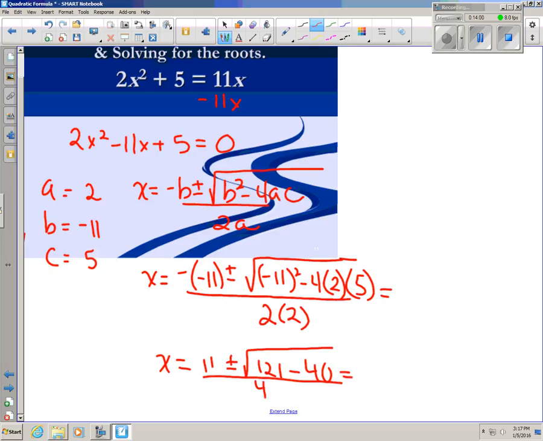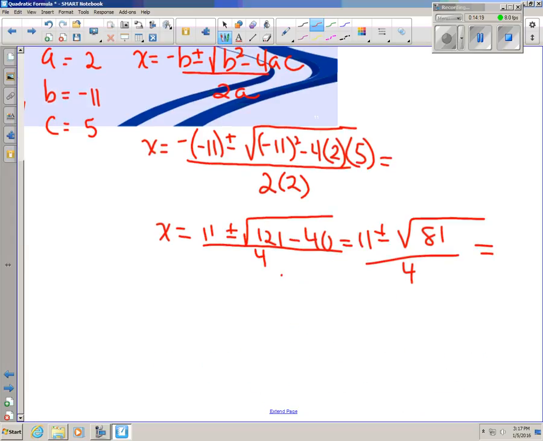Do the math under the radical, so it's 11 plus or minus the square root of 121 minus 40, which is 81, divided by 4. And then the square root of 81, that's a perfect square, so that's going to simplify to a 9. And then we can split this up.